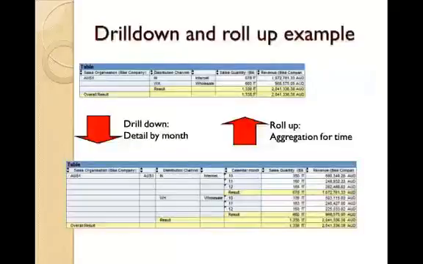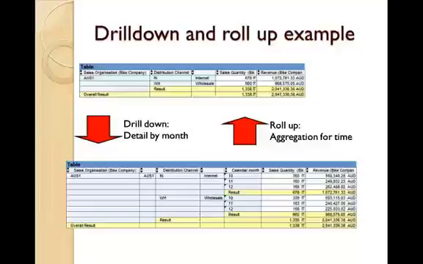Next, on this slide, we have examples of drill down and roll up. For instance, we are drilling down to show detail by month. If you look at the top first, we have data on distribution channel, internet and wholesale, and we can drill down by months.